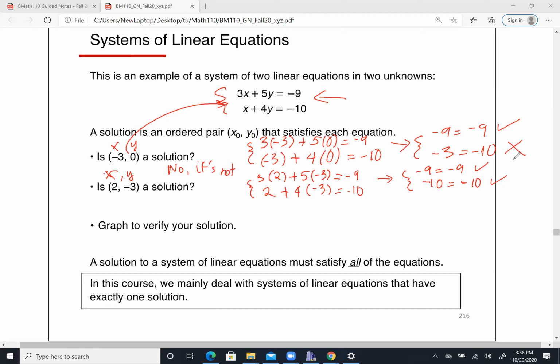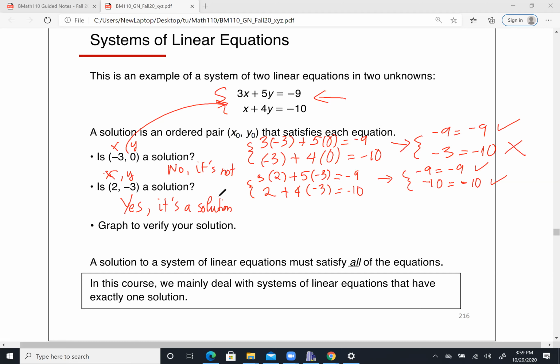So that is also satisfied, which means this is a solution. And the third one says graph to verify the solution.